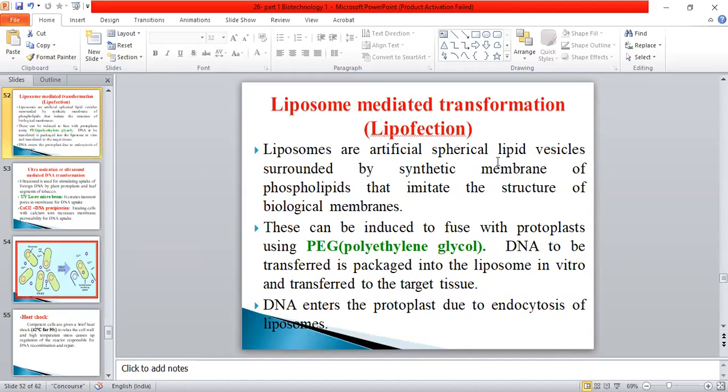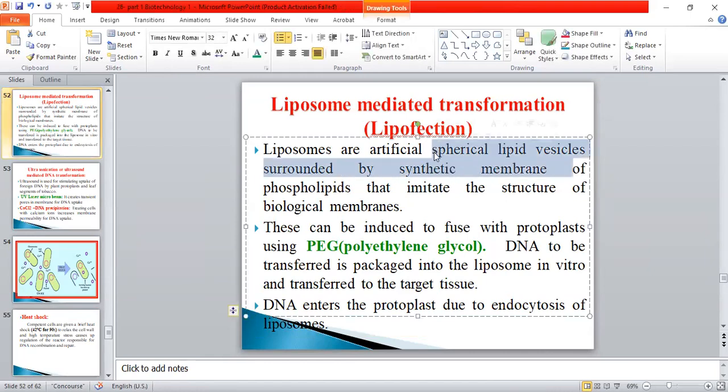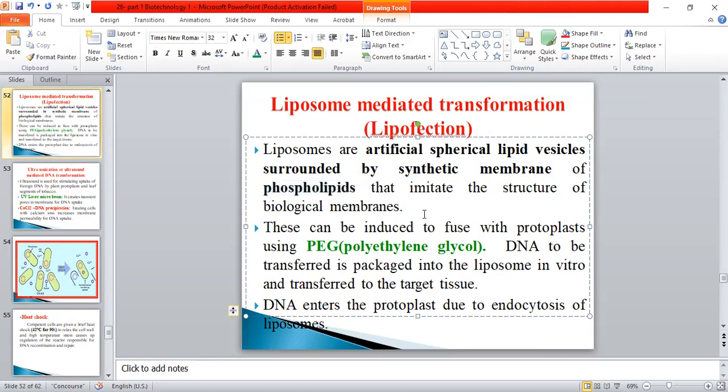Liposomes are artificial spherical lipid vesicles surrounded by a synthetic membrane. Spherical, artificial. Don't forget, artificial. Made of phospholipids that imitate the structure of the biological membrane. It is made up of lipid molecules.